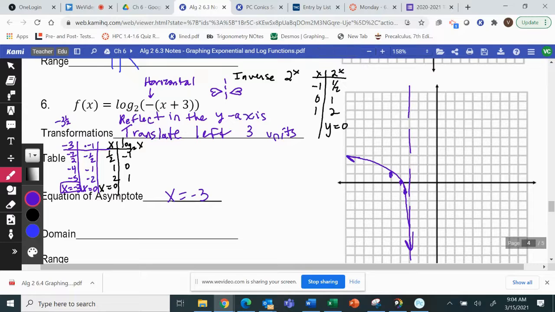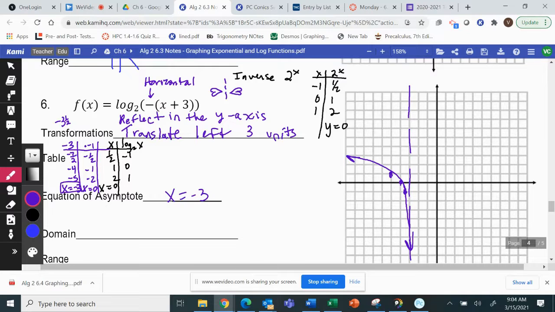So we look at our graph. -3 is kind of that endpoint. Holland, where is it graphed according to the -3? According to x equals -3, according to the asymptote, where is it graphed? To the left.